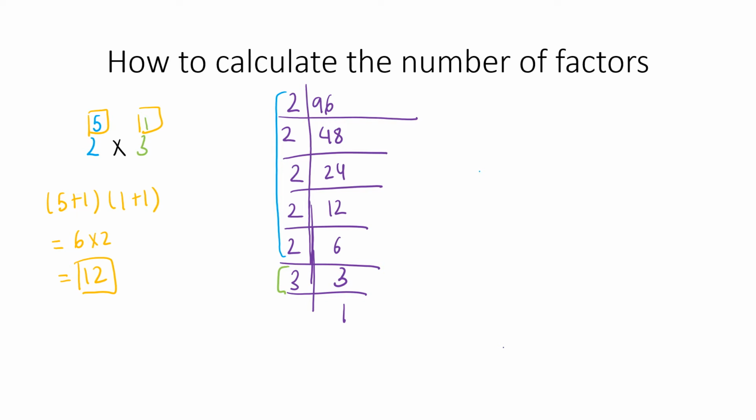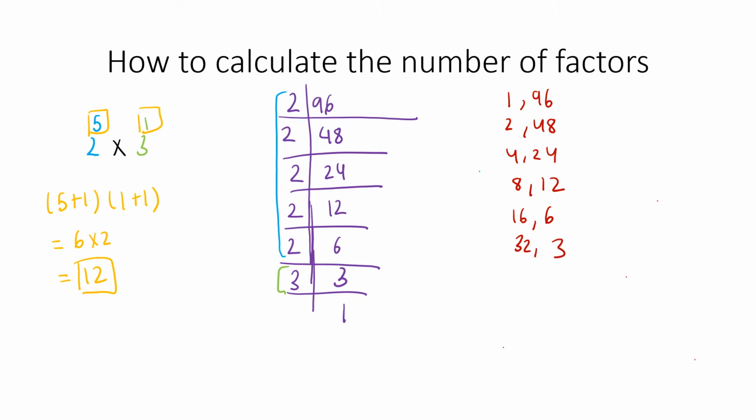But let's verify that. Does 96 really have 12 factors? Let's see. We always have 1 as a factor, and we have 96. We have 2 and 48, 4 and 24, 6 and 16, 8 and 12, and lastly, 32 and 3.